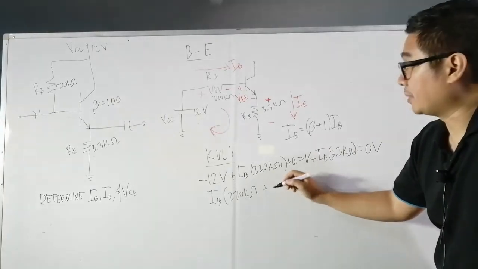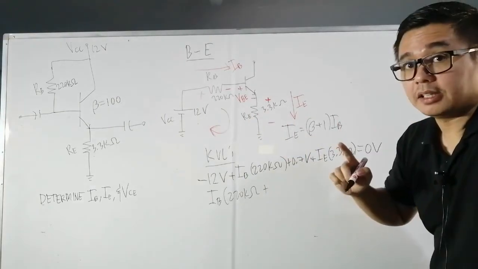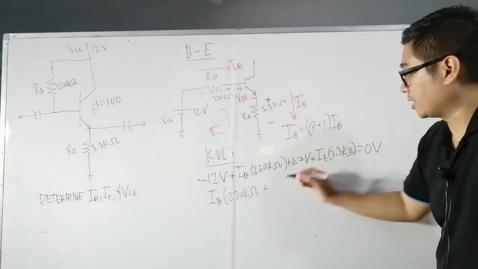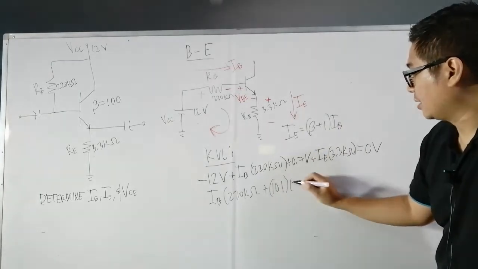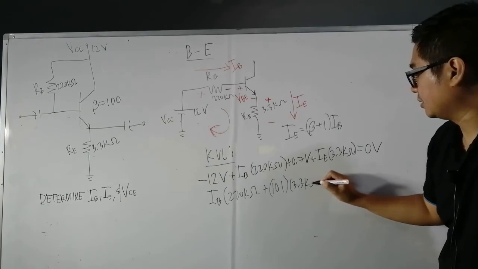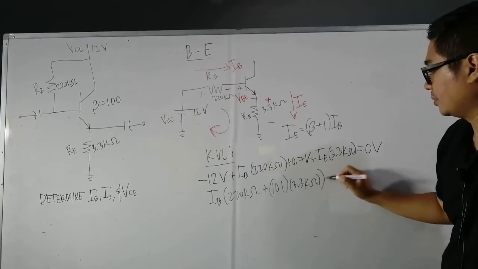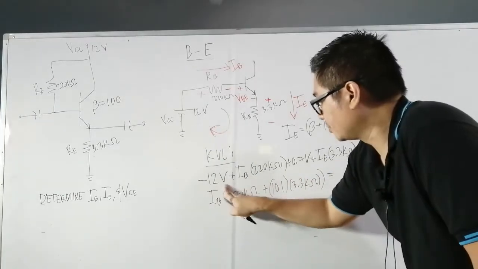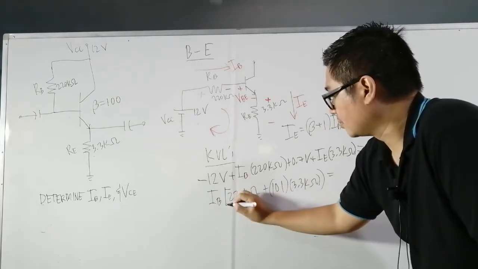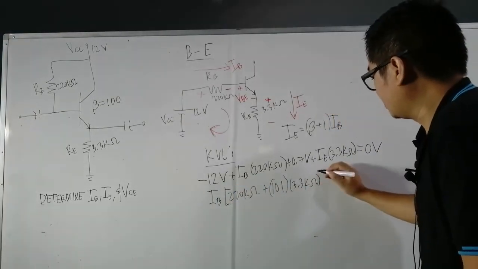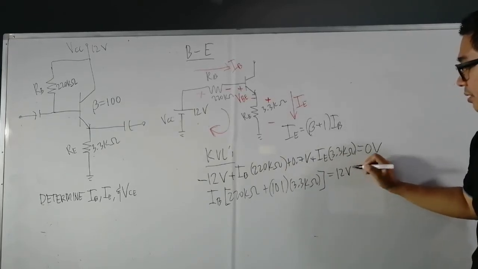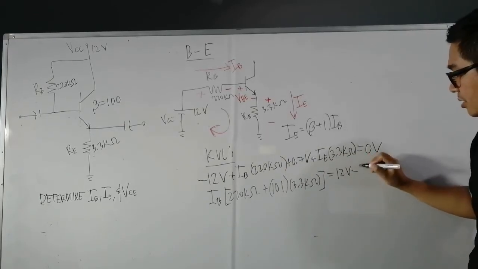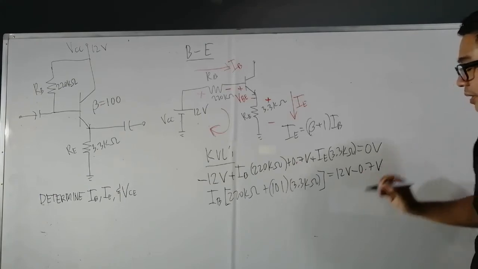So we have beta plus 1. Beta is 100. So i-directa na natin. 100 plus 1 is 101. Right? Times 3.3 kilo ohms equals, i-transpose natin sa right side yung 12 volts and yung 0.7. So 12 minus 0.7 volt.